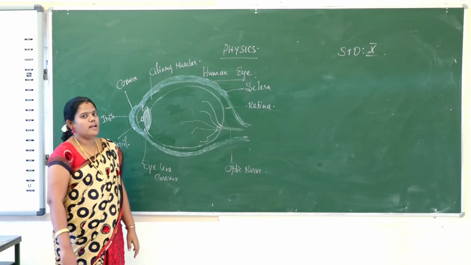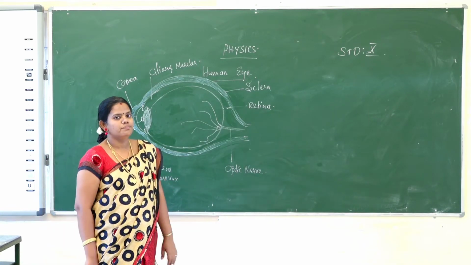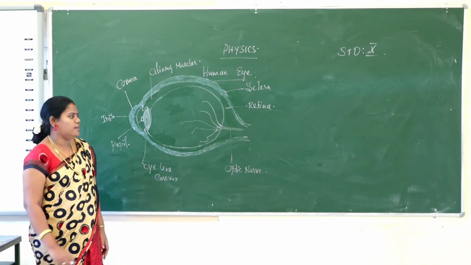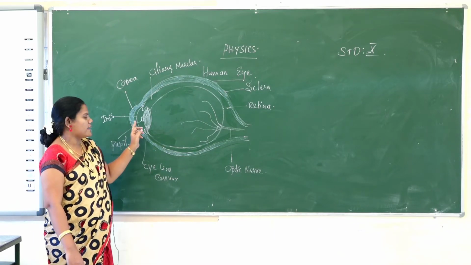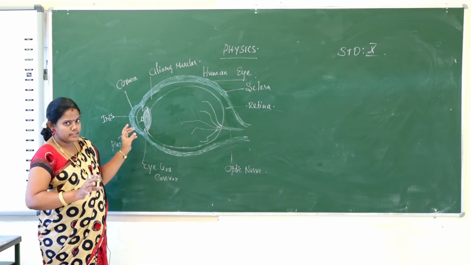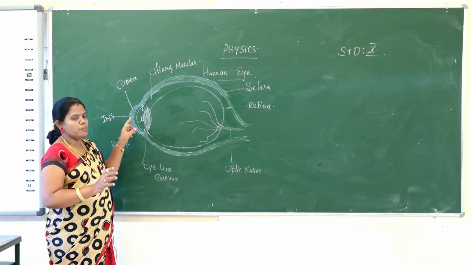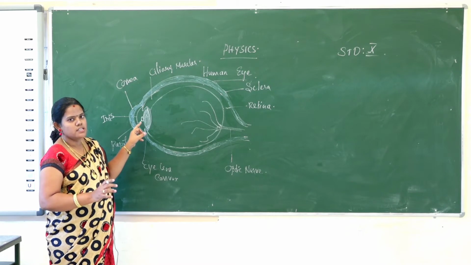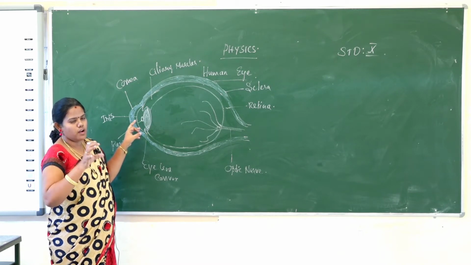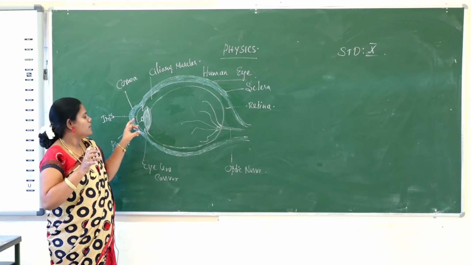Okay, next I will explain the working of an eye. Suppose the light enters at the cornea part. The light enters in front of the cornea and then moves on to the iris. The iris fixes how much light will enter the eye lens.